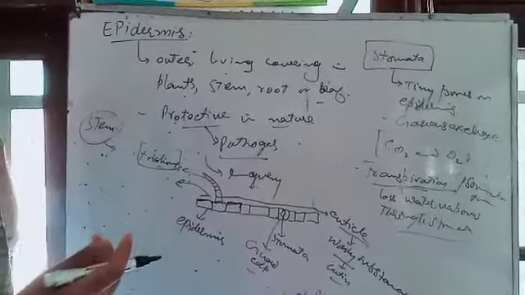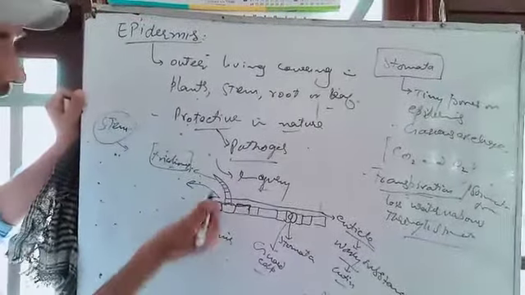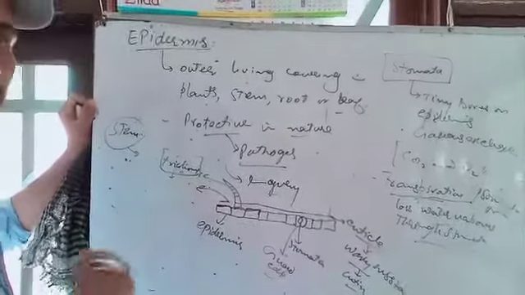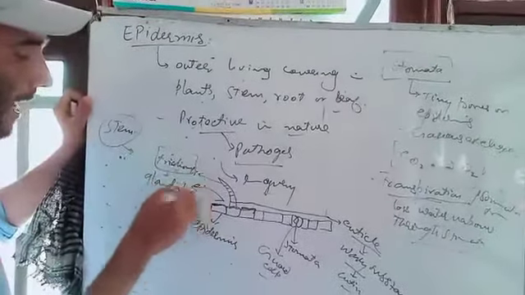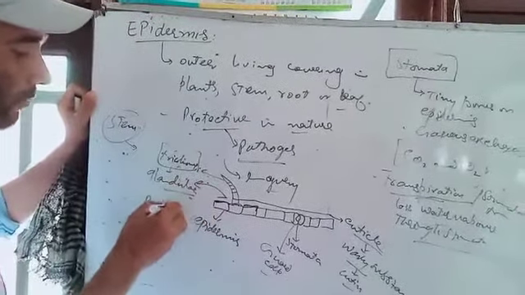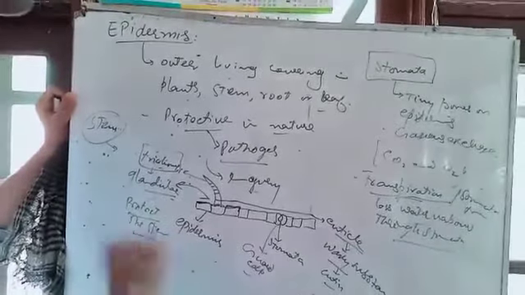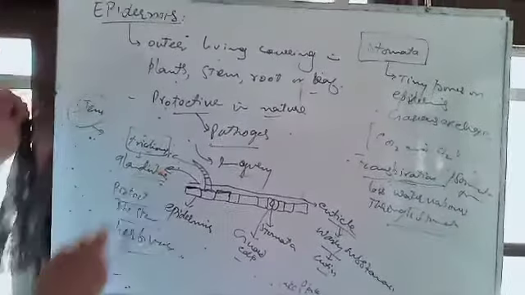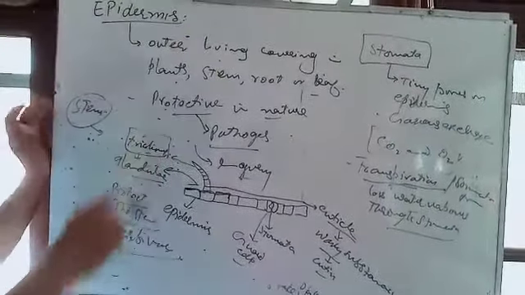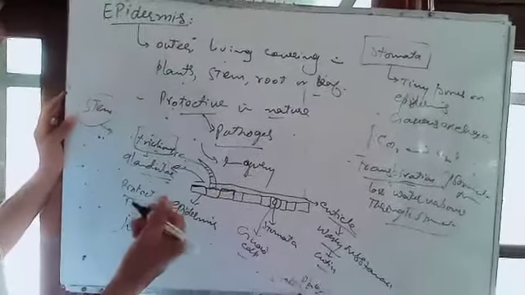In case of some plants, these epidermal cells on the stem develop trichomes. These trichomes can be glandular and protect the stem against herbivores. It is an important function of these trichomes, that means multicellular hairs present over the stem epidermis.